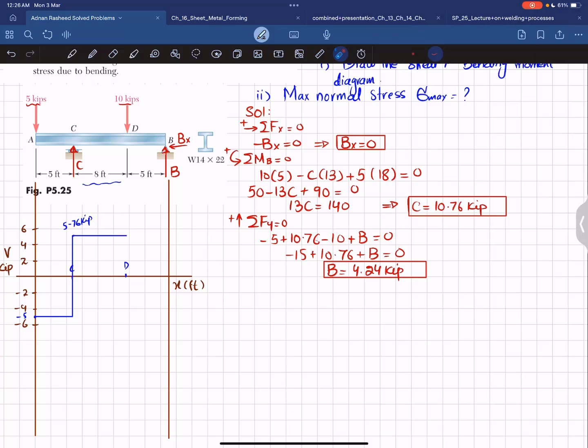So 4.24 will be somewhere here. It will be like this. Okay. So shear force will change from this to this point. And from D to B there is no other force, so it will remain horizontal till this point, and at point B this is minus 4.24, and at point B you can see you have plus 4.24, which will bring it toward the 0 and will complete your shear force diagram.